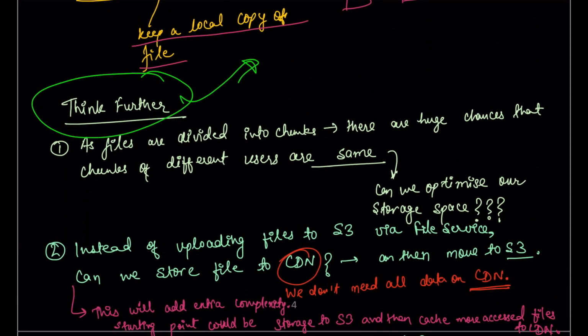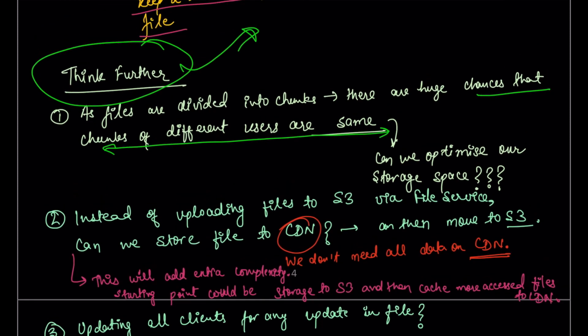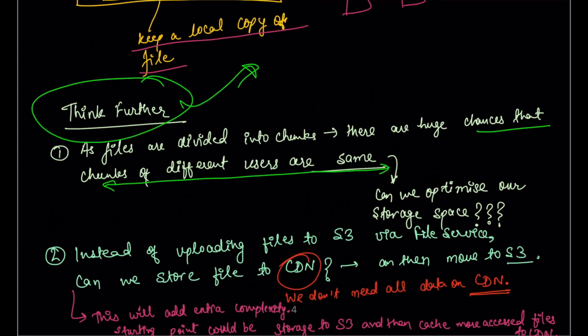So in here, the first point is, as files are divided into chunks, there are huge chances that chunks of different users are the same, right? This can happen. Again, we discussed this in our WhatsApp video as well. There is a potential problem that the same file is uploaded again and again.